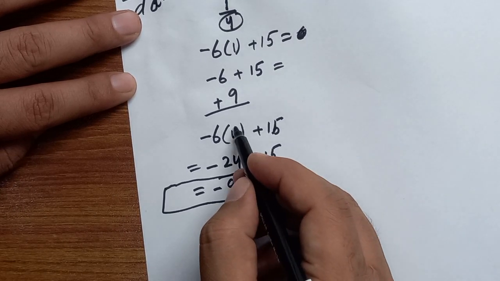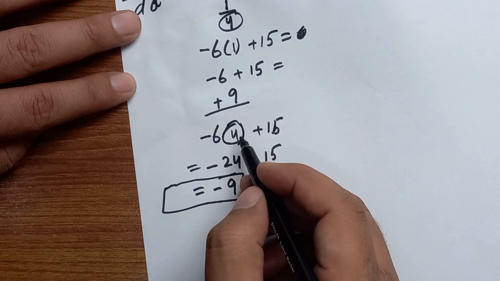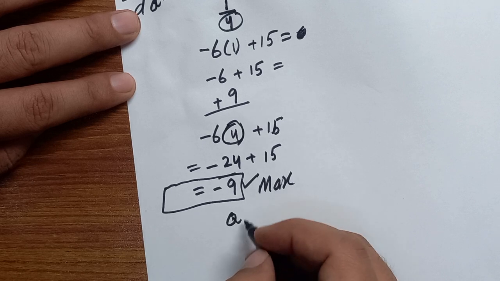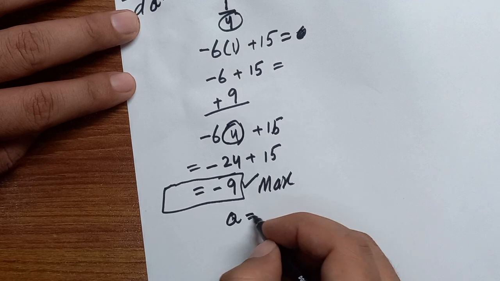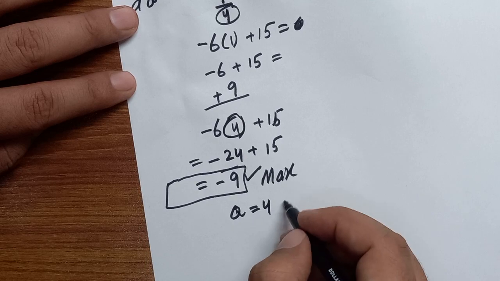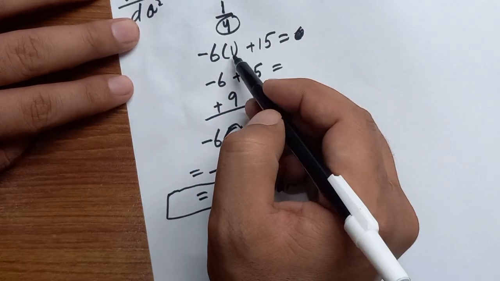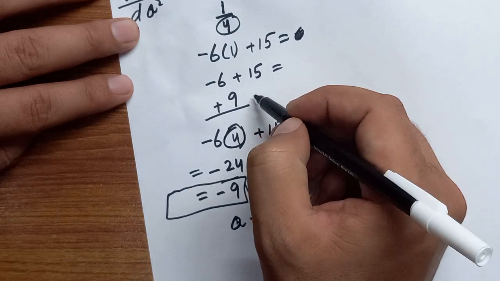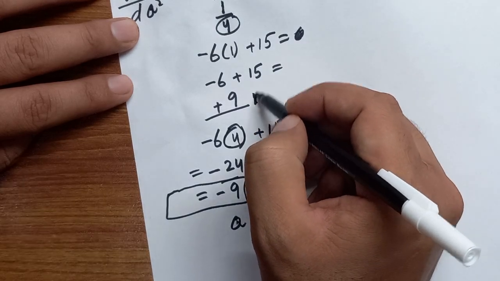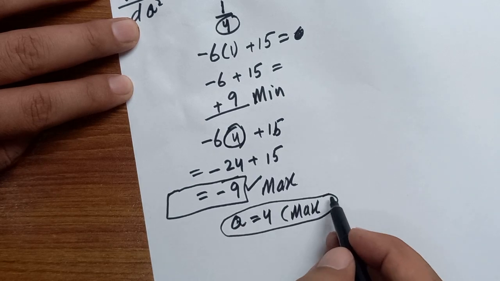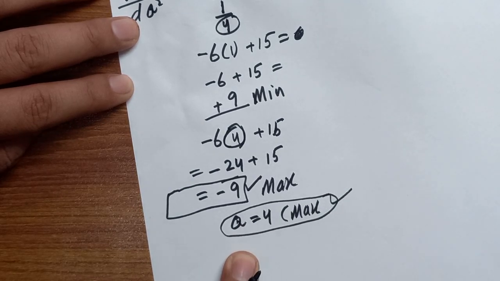When the value of q is 4, it will give a maximum result. When the value of q is 1, it will be minimized, because the answer is positive. So the value of q will be 4.